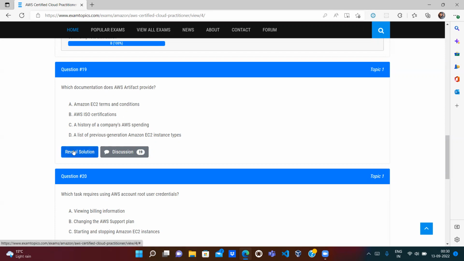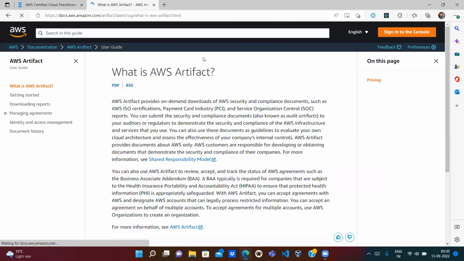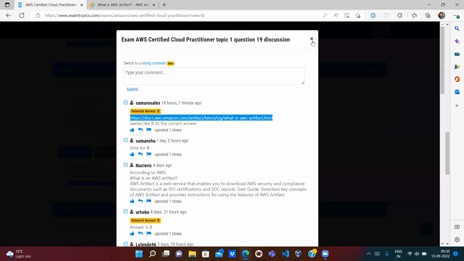No. So B is correct, ISO certification. If you go to the discussion tab, some people give useful links as well. If you open that, it explains what AWS Artifact is: it provides on-demand downloads of AWS security and compliance documents, such as AWS ISO certifications, PCI, and SOC reports. So the correct answer is AWS ISO certifications.